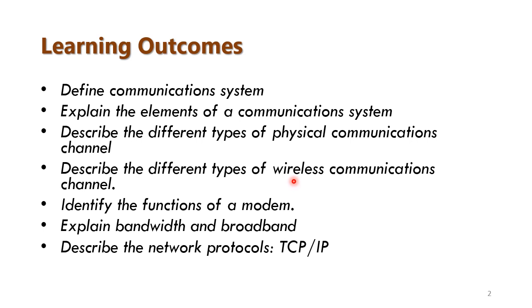And besides that, you'll be able to identify why a modem is needed in any communication system. Then you'll be able to explain what is meant by bandwidth and also broadband. And the other thing that you'll learn will be the network protocol, which will be TCP/IP.